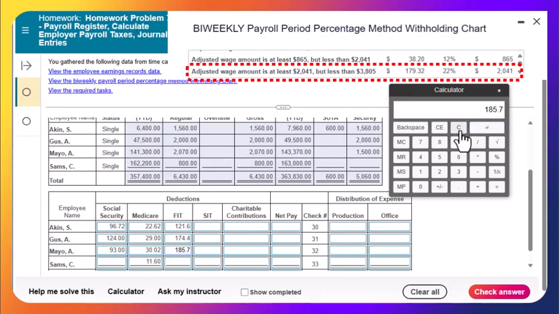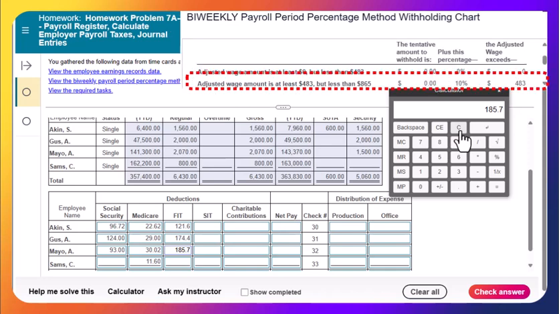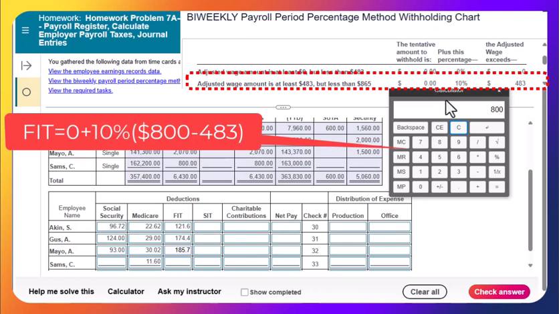And then Sam's is also different than our first two here because he earns 800 and that pay falls in the second row of the withholding chart here. So let's type in 800 for that gross pay for Sam's. And then we'll subtract out 483 and multiply that number by 10%.